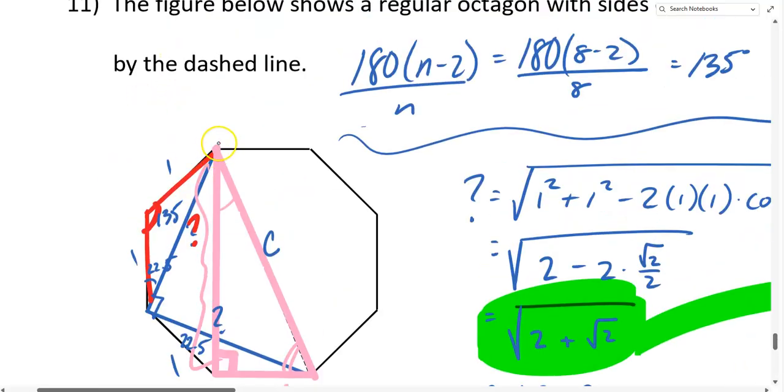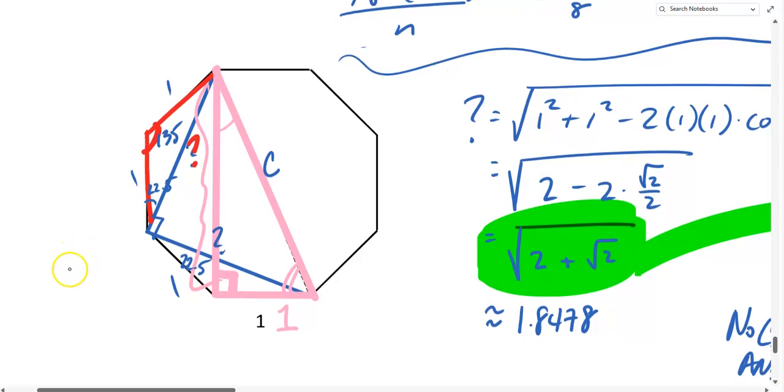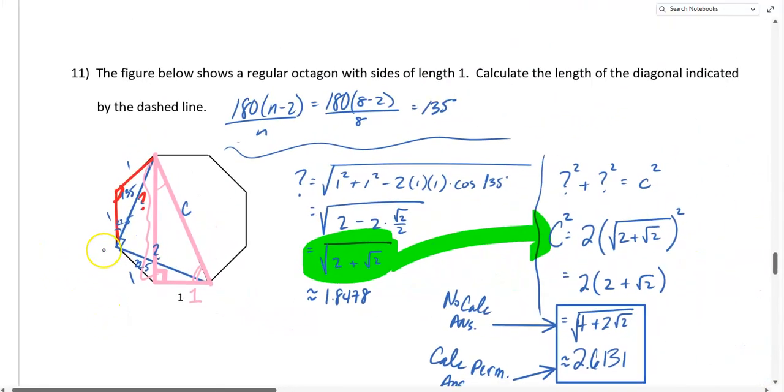Since that's 135 and the straight line connection between this point and this point creates an isosceles triangle, we can establish that the angle measure in each of these corners is 22.5 degrees. And with those angle measures and the side lengths being 1, we can set up a law of sines or law of cosines situation.